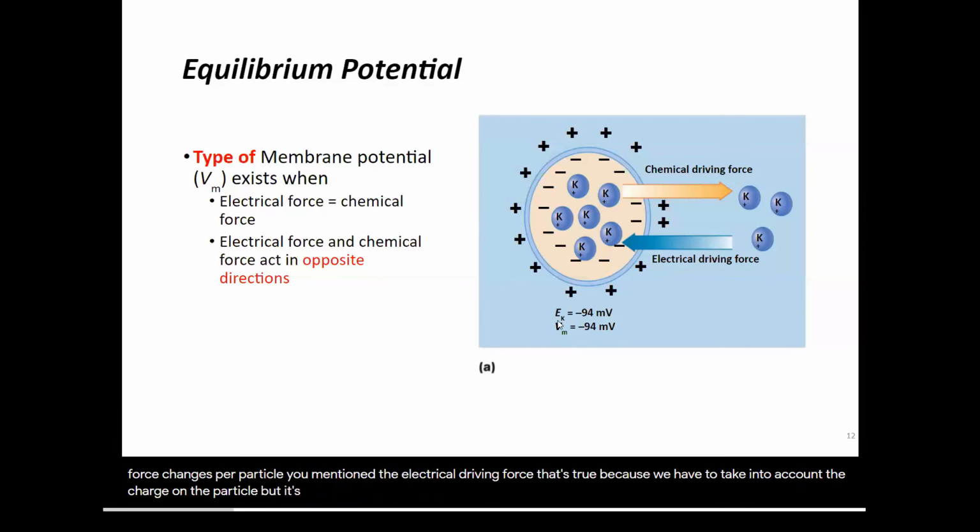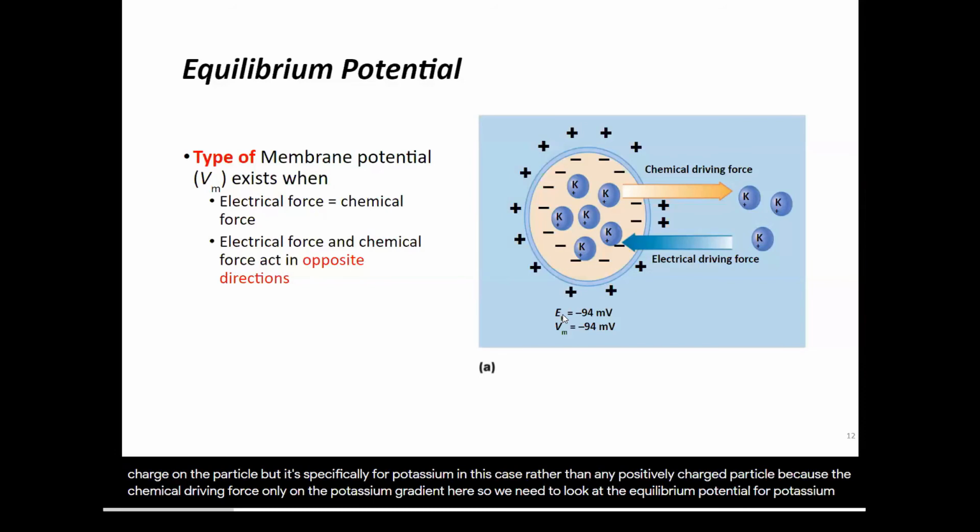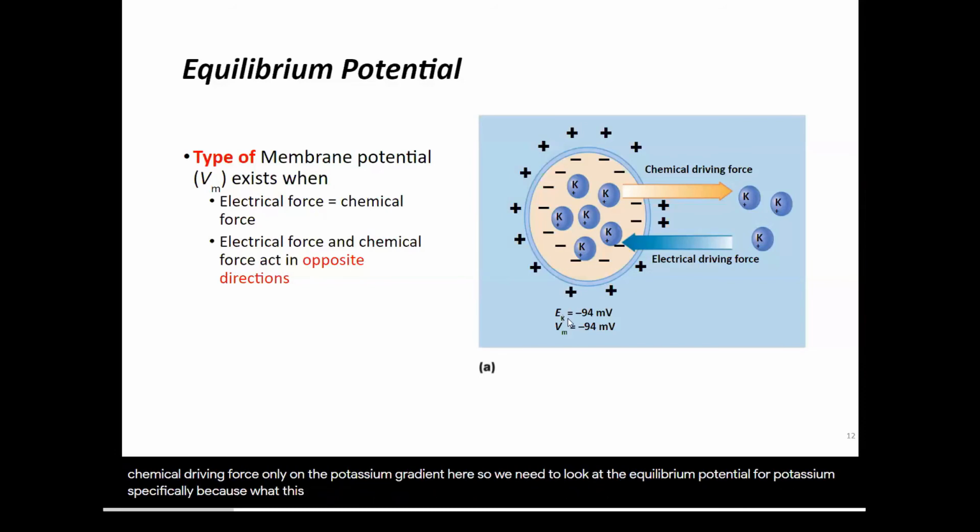But it's specifically for potassium in this case rather than any positively charged particle, because the chemical driving force is dependent only on the potassium gradient here. So we need to look at the equilibrium potential for potassium specifically, because what this equilibrium potential is telling us is when the chemical driving force exactly opposes the electrical driving force. Okay. So one component of this is dependent only on that individual ion.